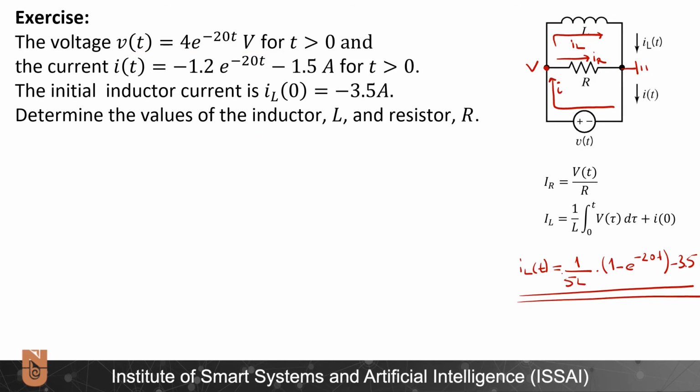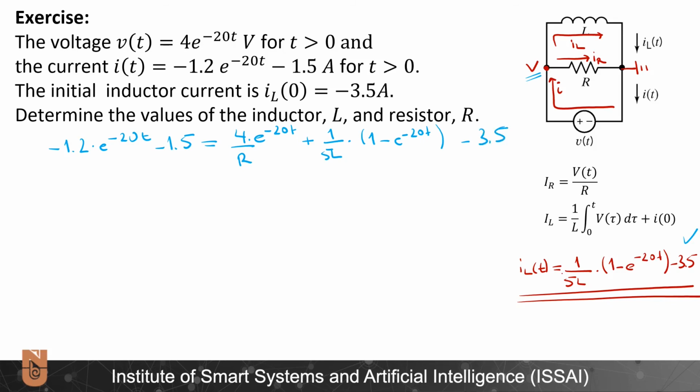Now I will write Kirchhoff's current law for the node V. So current I is entering, I is minus 1 over 2 times e to the minus 20t minus 1.5, which is equal to V over R. This is IR. So 4 times e to the minus 20t divided by R plus this expression here for IL: 1 over 5L times 1 minus e to the minus 20t, minus 3.5.